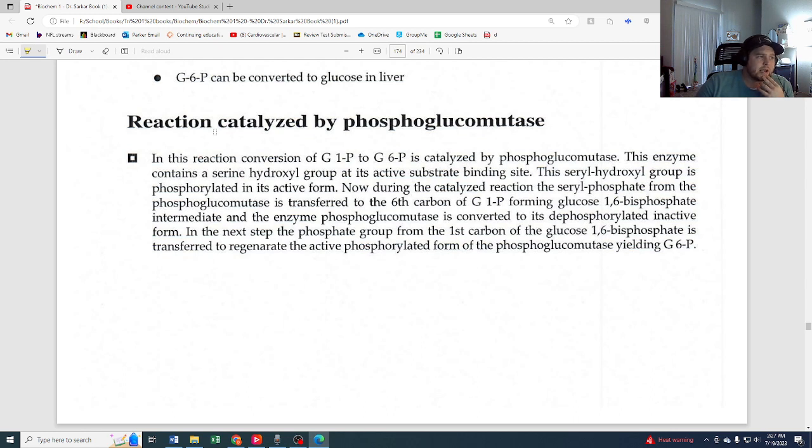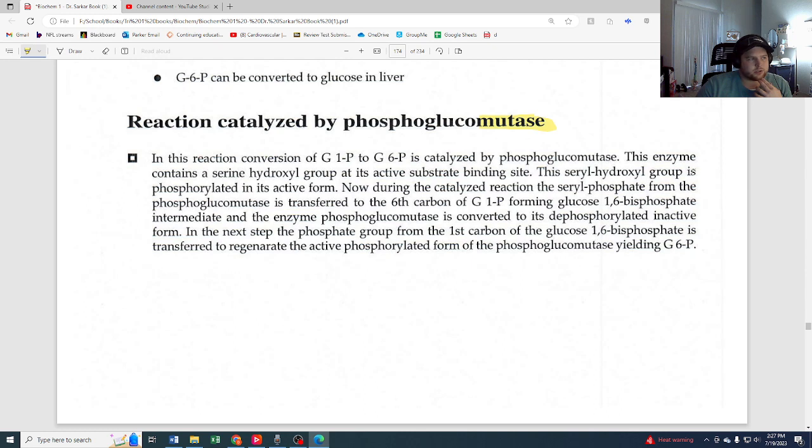So this reaction is catalyzed by phosphoglucomutase. The mutase is the key: it's mutating, changing the structure of the molecule. In this conversion of G1P to G6P, the enzyme contains a serine hydroxyl group at its active substrate binding site.